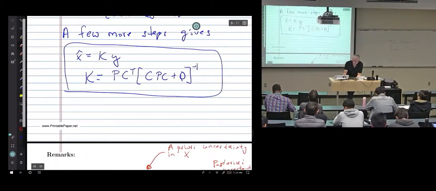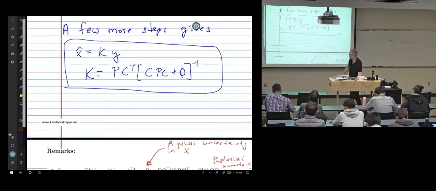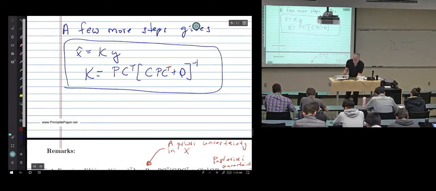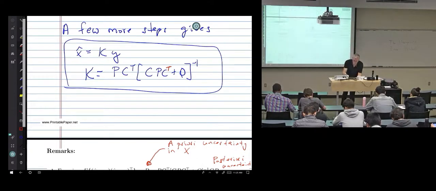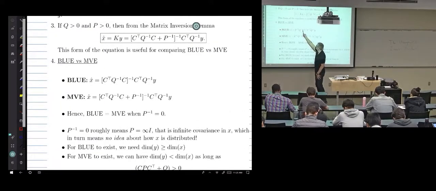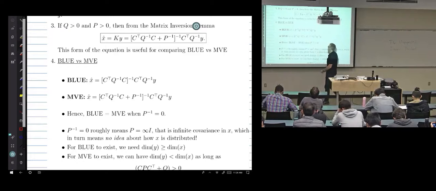So here's the K here, and then when you apply the matrix inversion lemma to CPC plus Q, when Q is invertible, oh, there's a transpose missing here, CPC transpose. Okay. That's what you get. And then when you apply the matrix inversion lemma, the two answers between BLUE and MVE look exactly the same, except for this term here, which is the information matrix, okay?